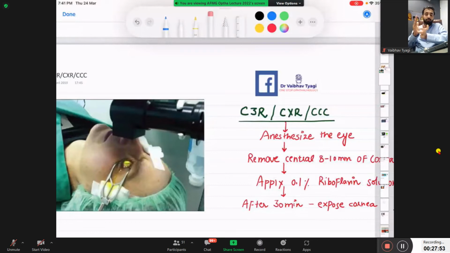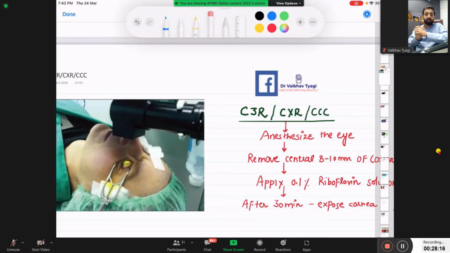With the help of UVA light, 370 nanometers. In that way, I can reduce the progression of the keratoconus and the progression can come to a halt.